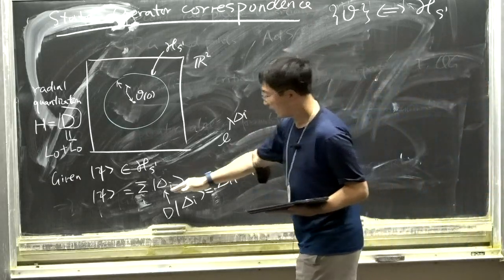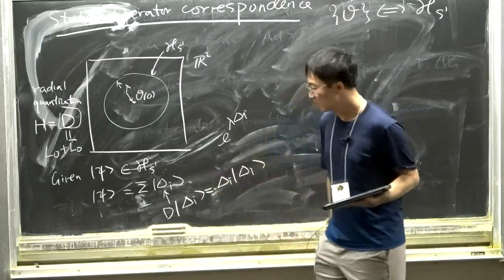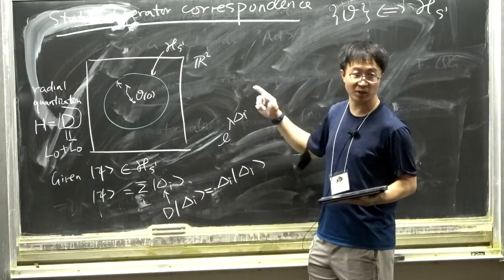So if this is an infinite linear combination of dilatation eigenstates with arbitrarily high delta, then this limit does not exist because this scaling factor will blow up.